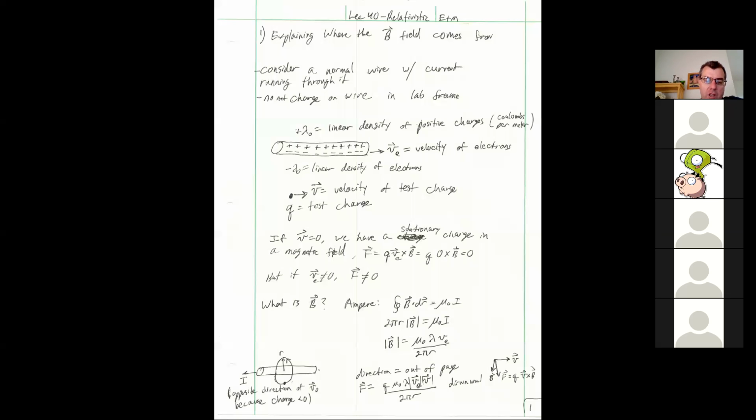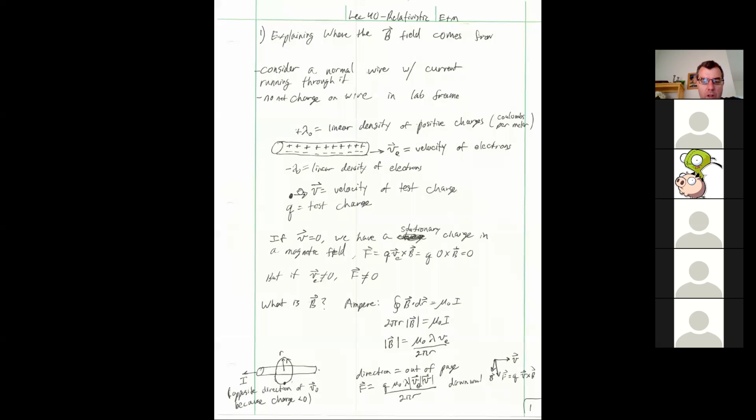But before we jump to another reference frame, we have to first calculate the force, so that we don't just have a predicted direction for the force, but a predicted magnitude that we can compare with what we get in the reference frame of the test charge. So we'll calculate the B field. We use Ampere's Law.